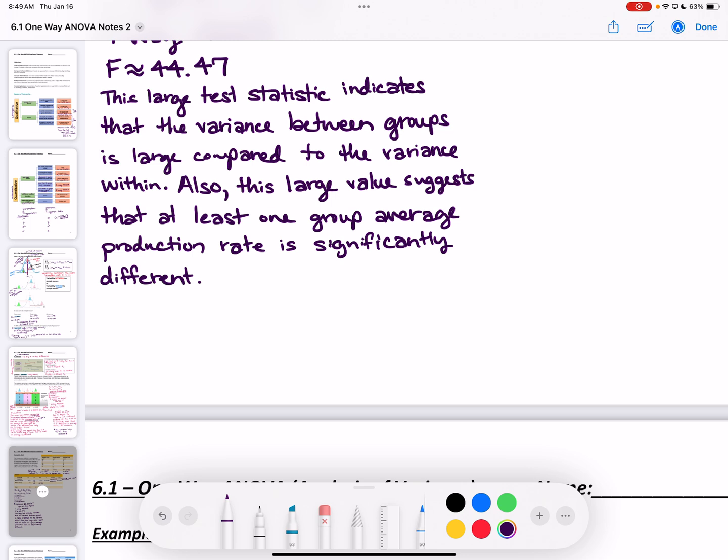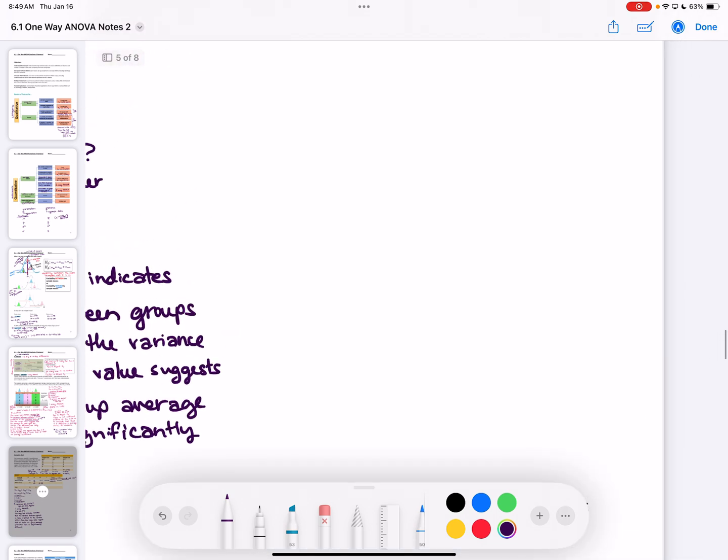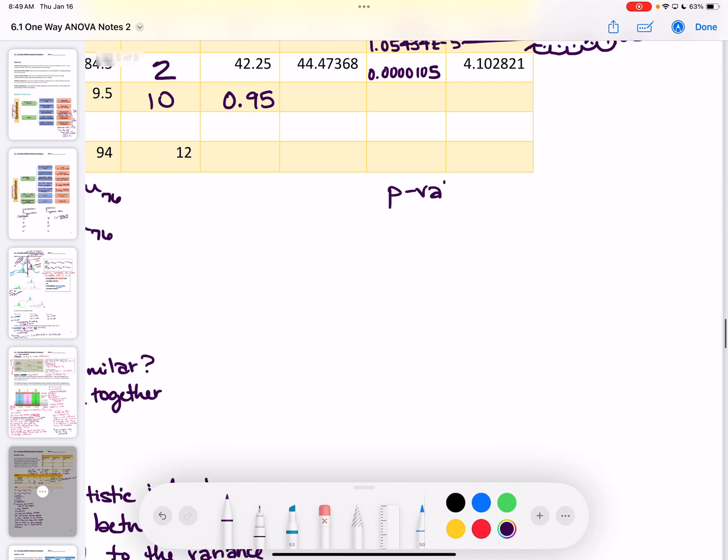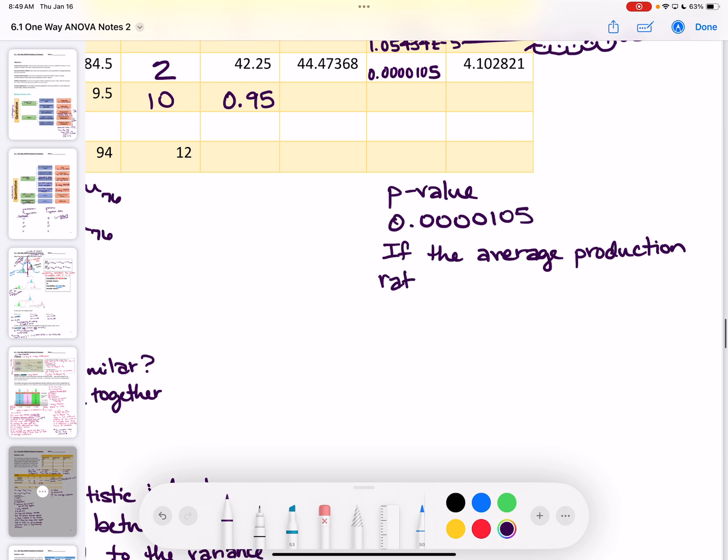All right, so p-value now. I'm going to go over here where I have more room. P-value. That was 0.000105. If the average production rates are equal, which one is that first part of the sentence? The null or the alternate? The null.